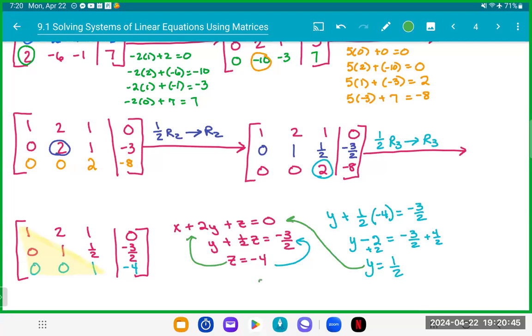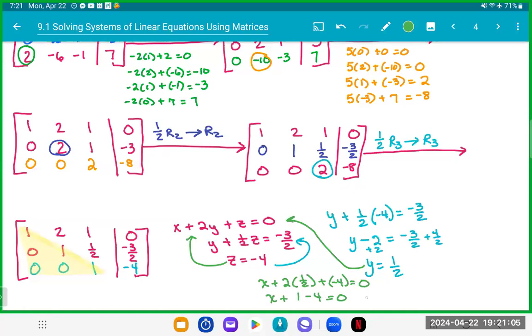And I get that x plus 2 times y plus -4 equals 0. So that gives me x plus 1 minus 4 equals 0.